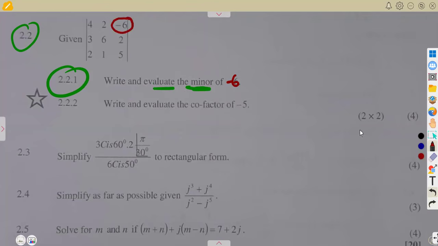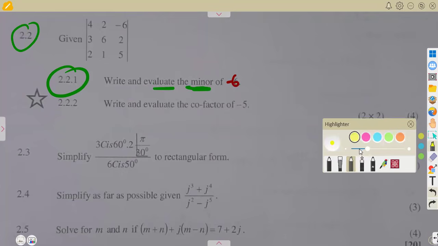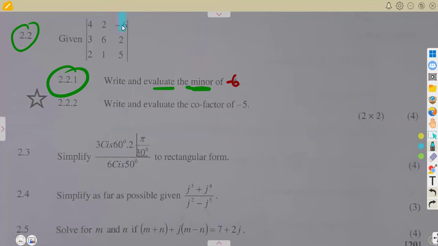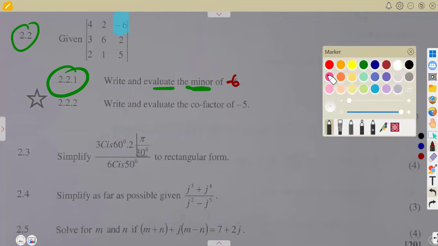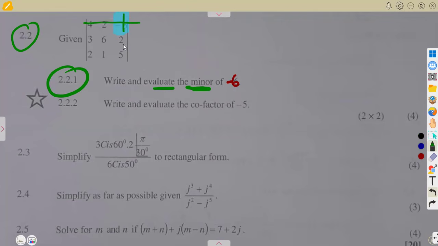This is where we have our negative 6. So we are going to close the row and also the column where this negative 6 is. So as you can see, we are remaining with this part. That is the minor of 6.